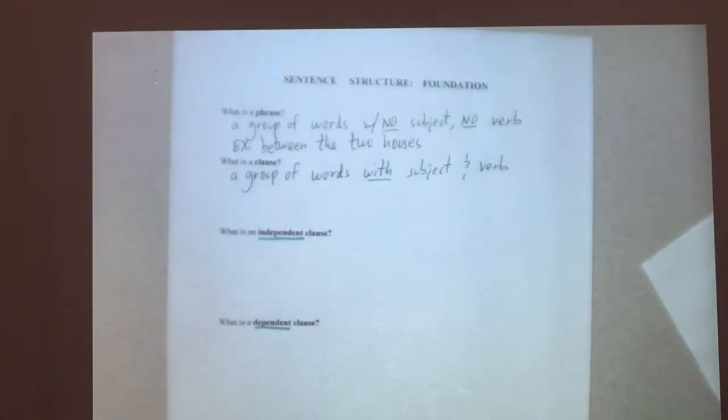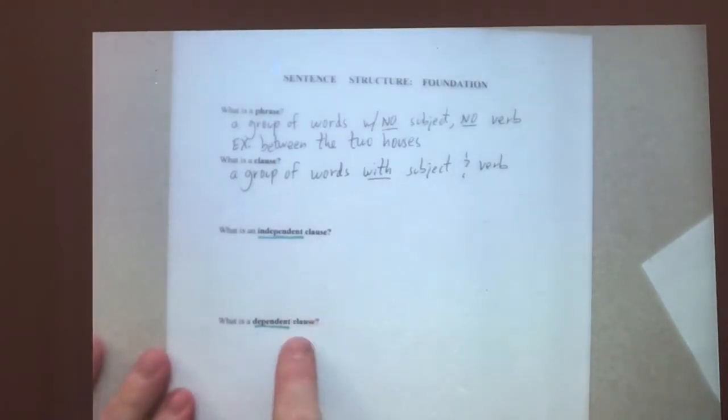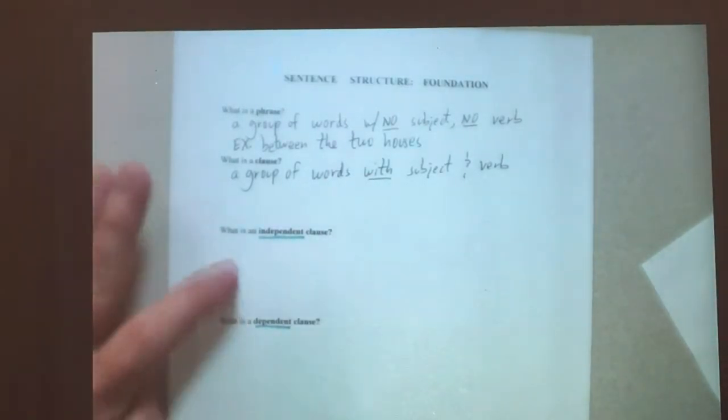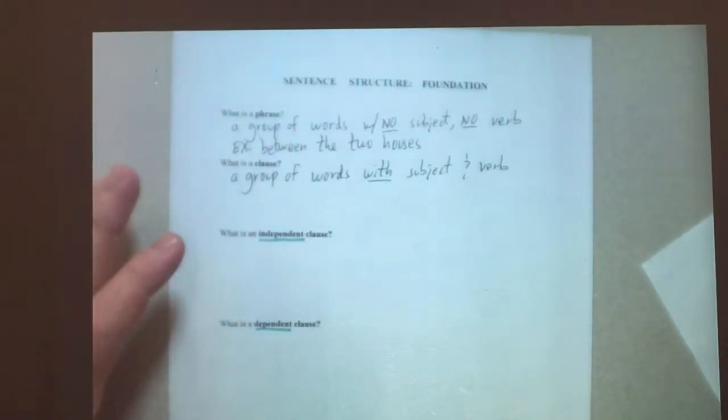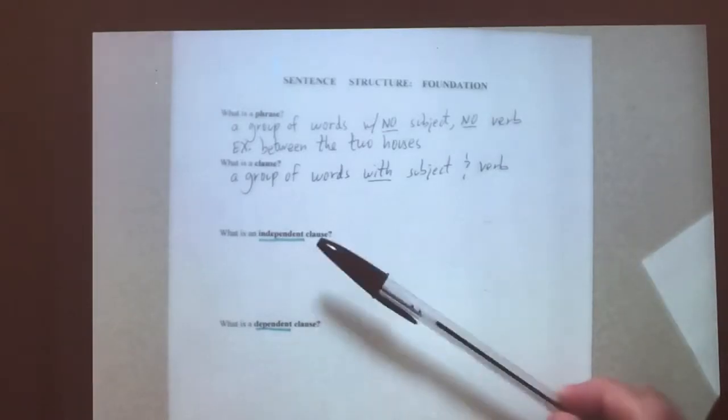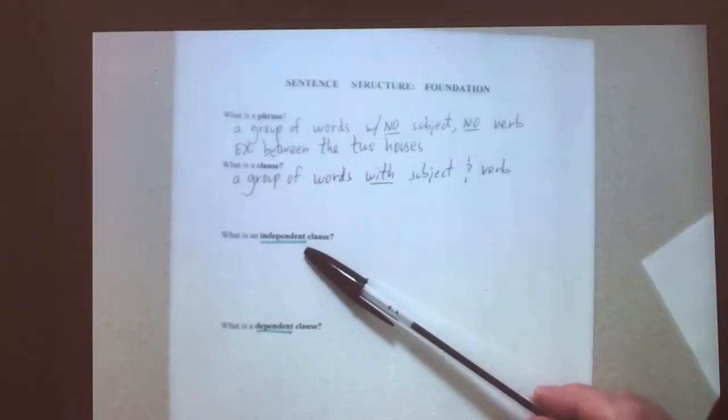Now, before we talk about these and define them in relation to English, let's just think about what the words independent and dependent mean outside of English class. So, for example, I am independent of my parents. What does that mean? That means I do not rely upon them.